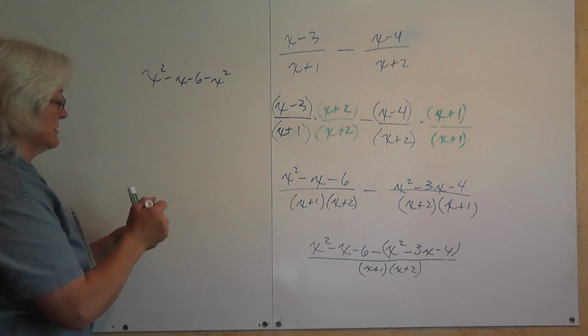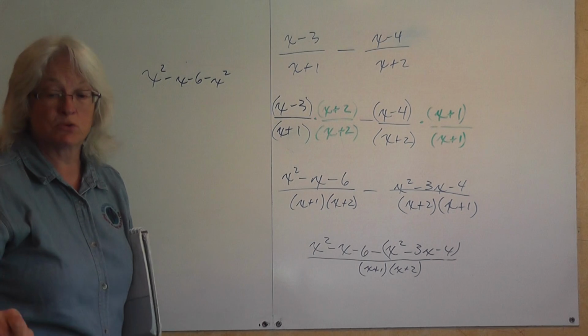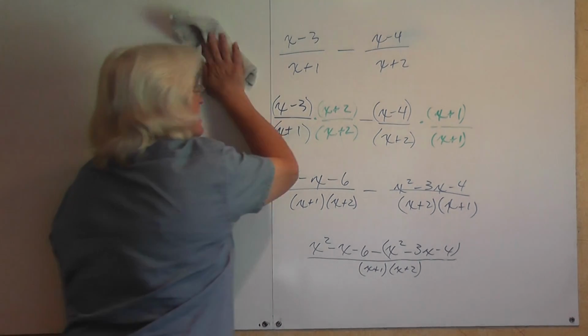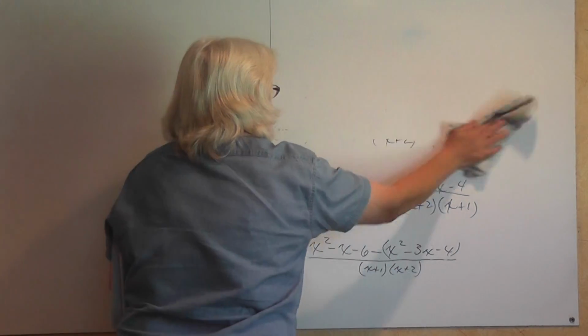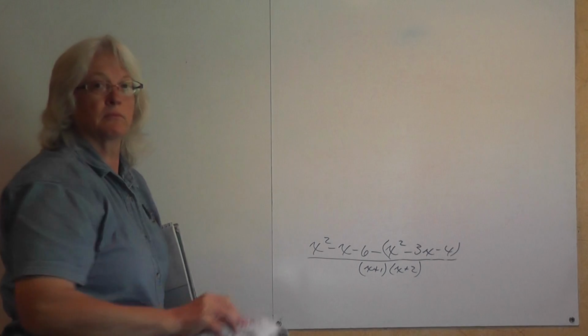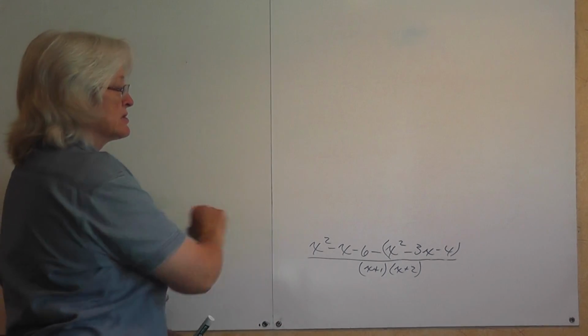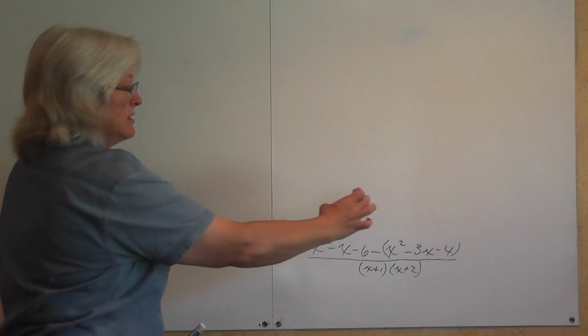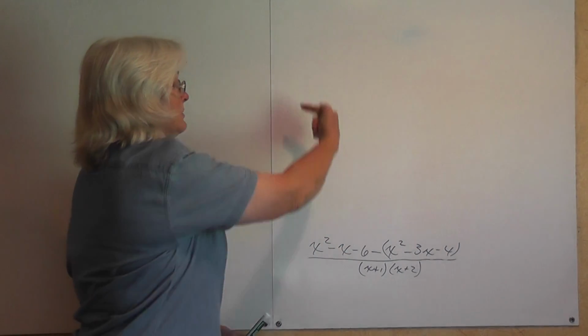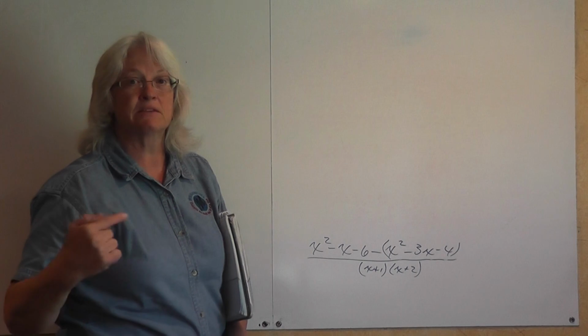You know, I have these limitations with this board. Let me go ahead and erase this. Going to erase our problem. We now have x squared minus x minus 6. Subtracting that entire trinomial, I'm going to carry this up to the top of the board as I do the step.